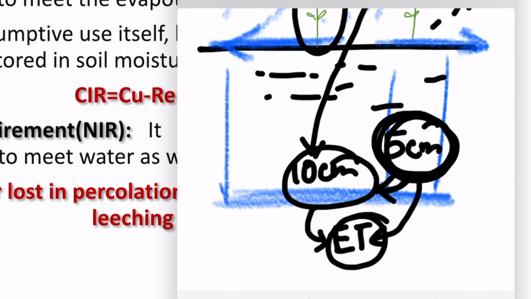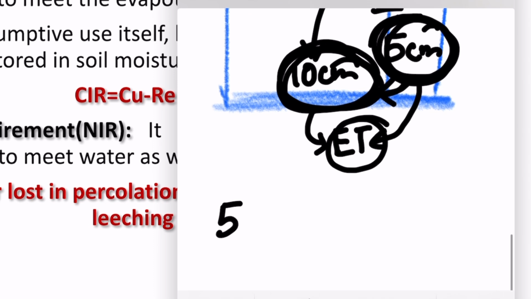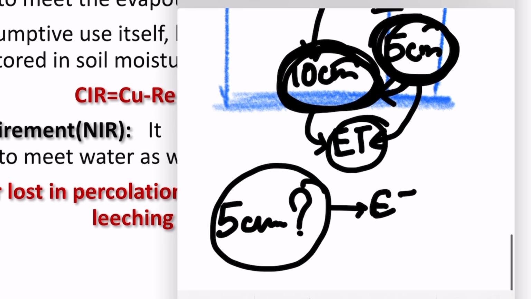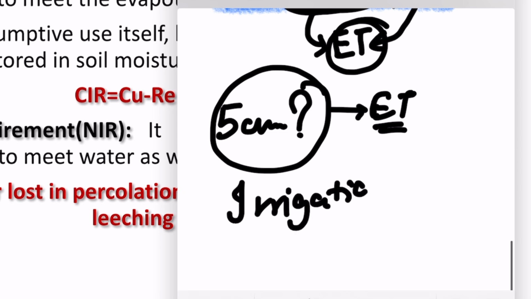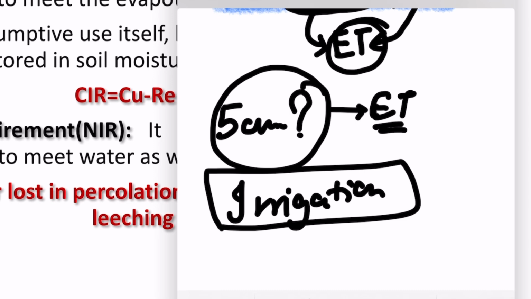Only 5 centimeters of effective rainfall we could get. But the crop needs 10 centimeters. So still 5 centimeter of depth of water remains to be supplied to fulfill the ET need of the crop. So how will we supply this 5 centimeter? We'll supply it through irrigation, that is the artificial application of water.